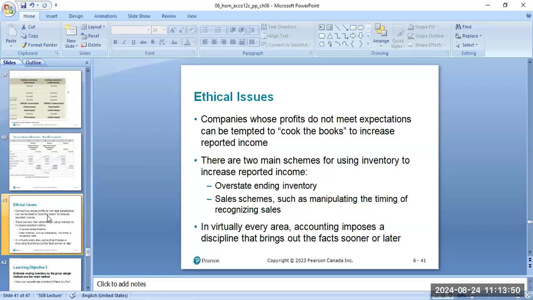Obviously, that's a very, very simple example of understating and overstating income, but that comes with an ethical problem. Is it right to do? Is it not right to do? For those of you who are going to continue with accounting, we're going to talk about this more.